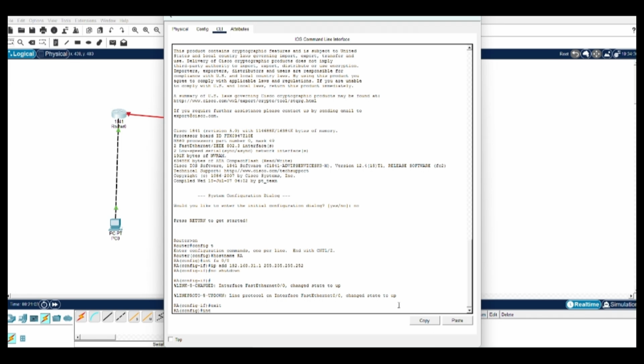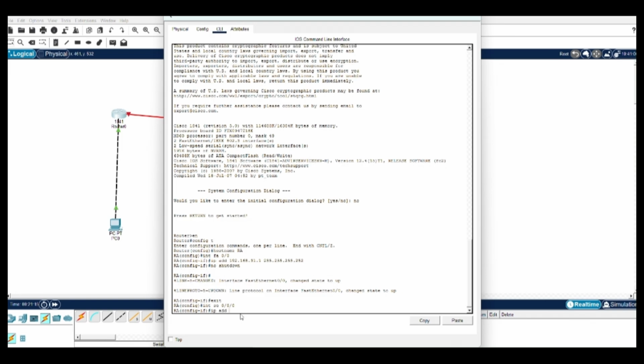Now we go to the connection between this router and router B with the serial port. Remember, this side is 0/0/0. In this case, we add the address here. Remember, this network ends in .0, the routers start at .1 and .2, finishing at .3, the broadcast, and the next network starts and finishes at .4.